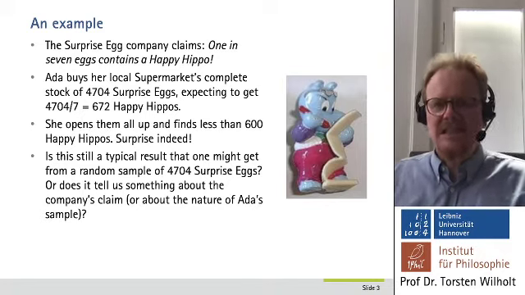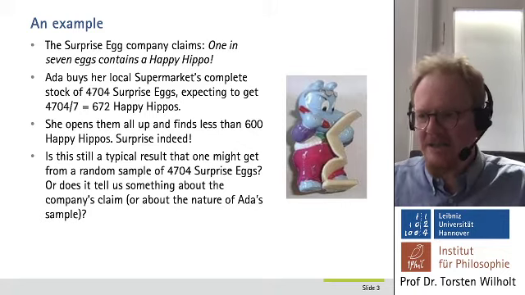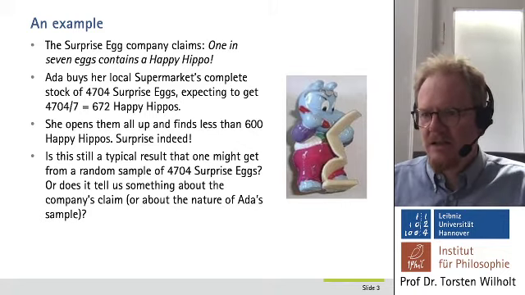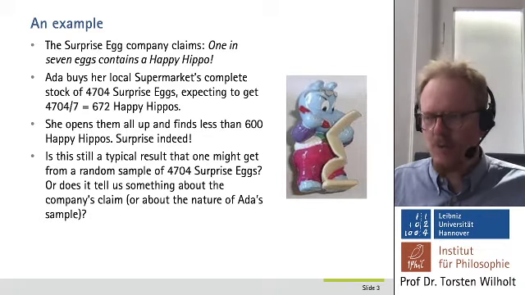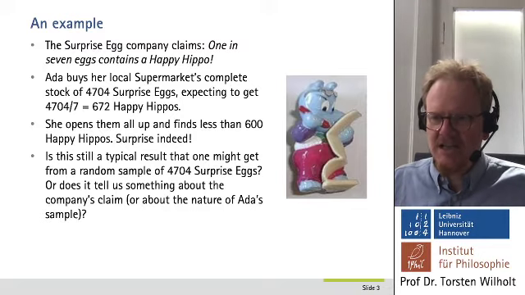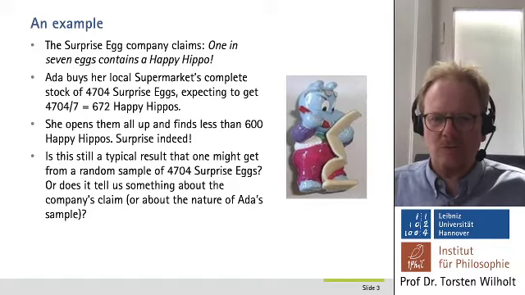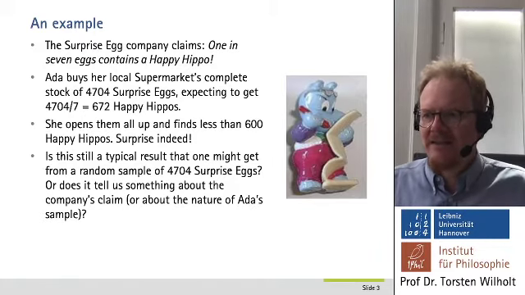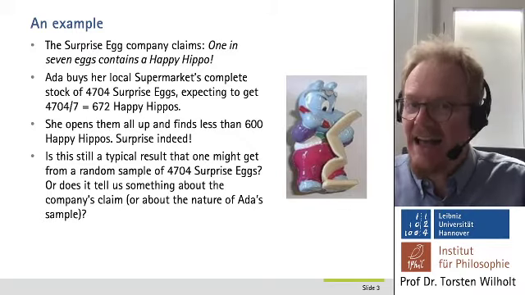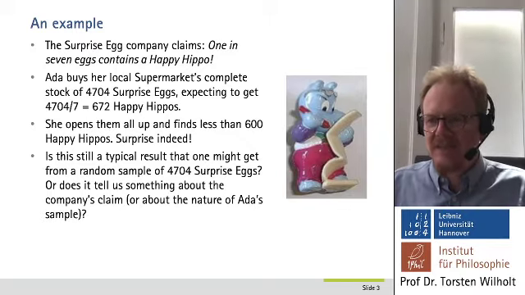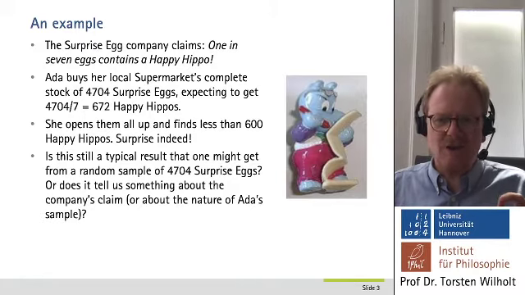Probability theory does in fact tell us that if we randomly sample surprise eggs 4,704 times, and each time the probability of getting a happy hippo is 1/7, then getting exactly 672 eggs, as Ada expects to, is in fact the single most probable number that you might get.